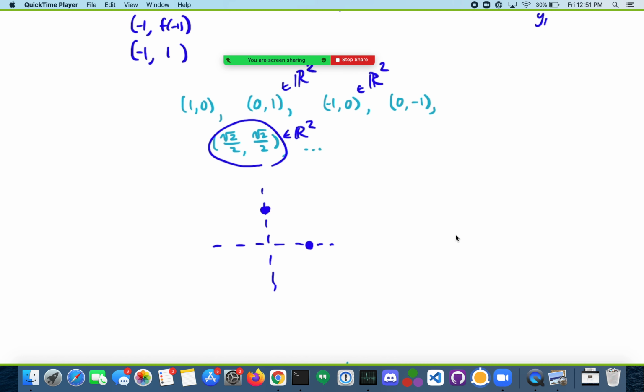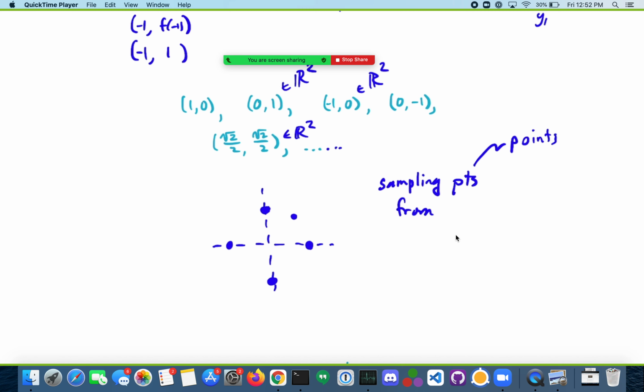Square root 2 over 2, comma, square root 2 over 2 is that point. -1, 0 is that point. 0, -1 is that point. And so actually, if I kept doing this list, you can imagine I'm sampling points from a circle.